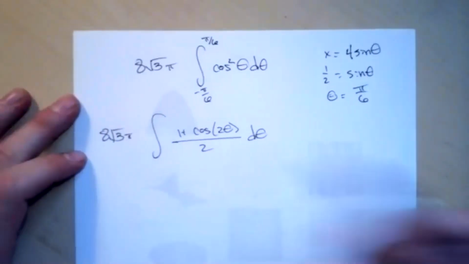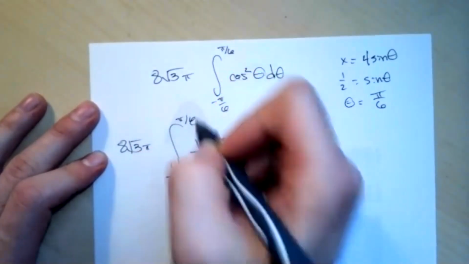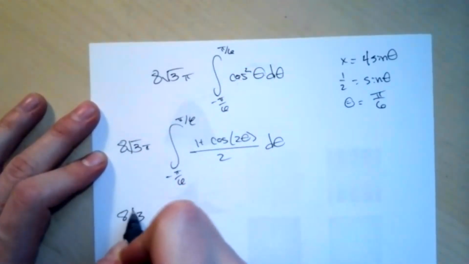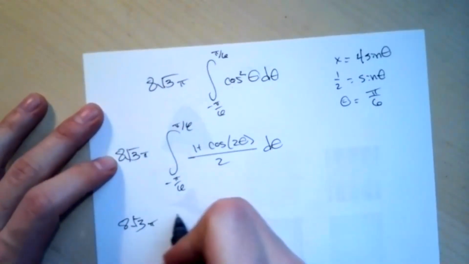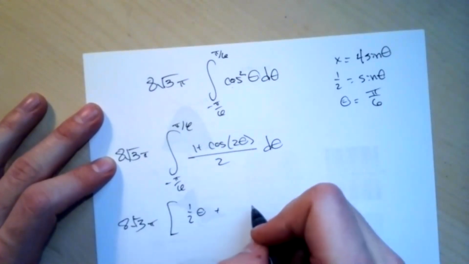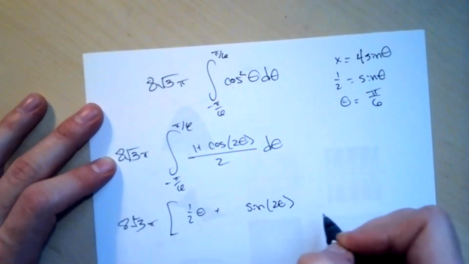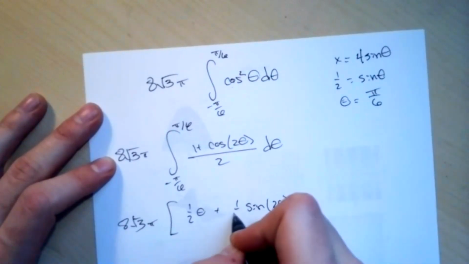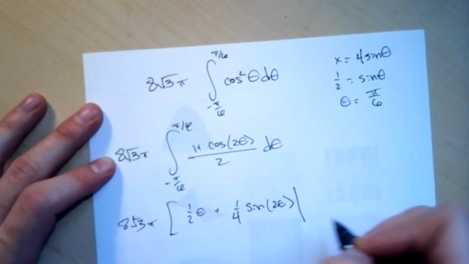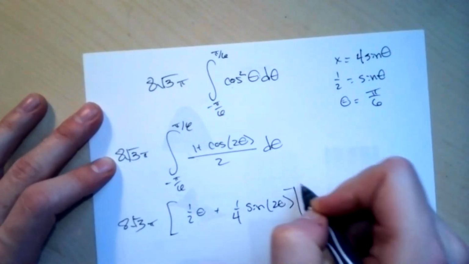Okay, so then finish off the rest of the integral. Minus pi over 6 to pi over 6. We've got 8 root 3 pi times 1/2 theta plus sine of 2 theta, and then over 4. And we're evaluating from minus pi over 6 to pi over 6.